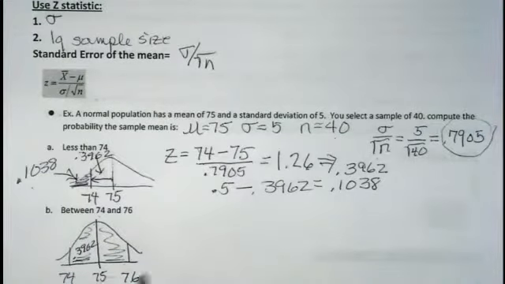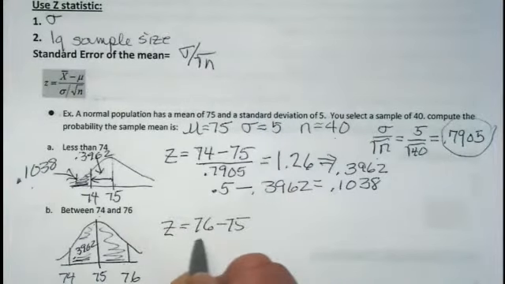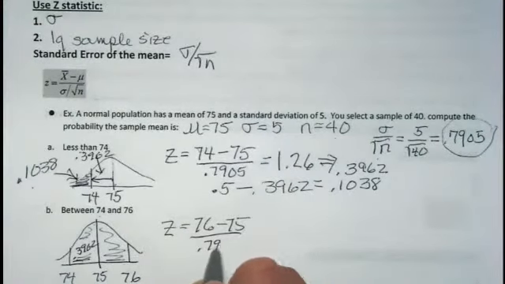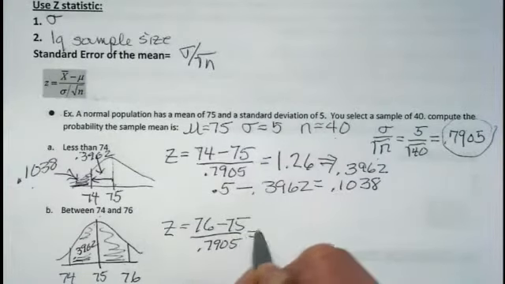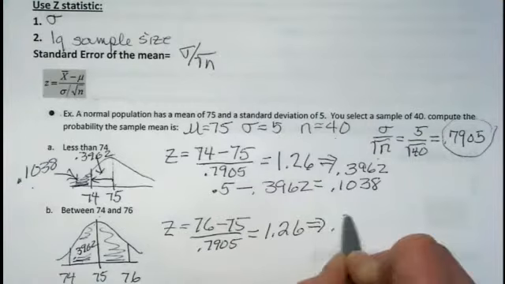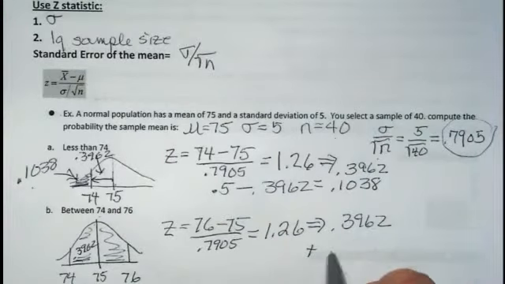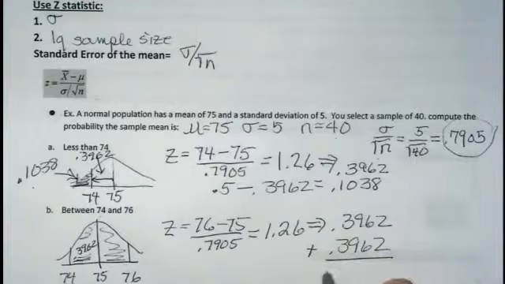So let's calculate between 75 and 76. Standard error goes in the denominator now. And again, it's 1.26. We looked that up. It's 0.3962. Plus the area between 75 and 74 was also 0.3962. And when we add those up, 0.7924 total.